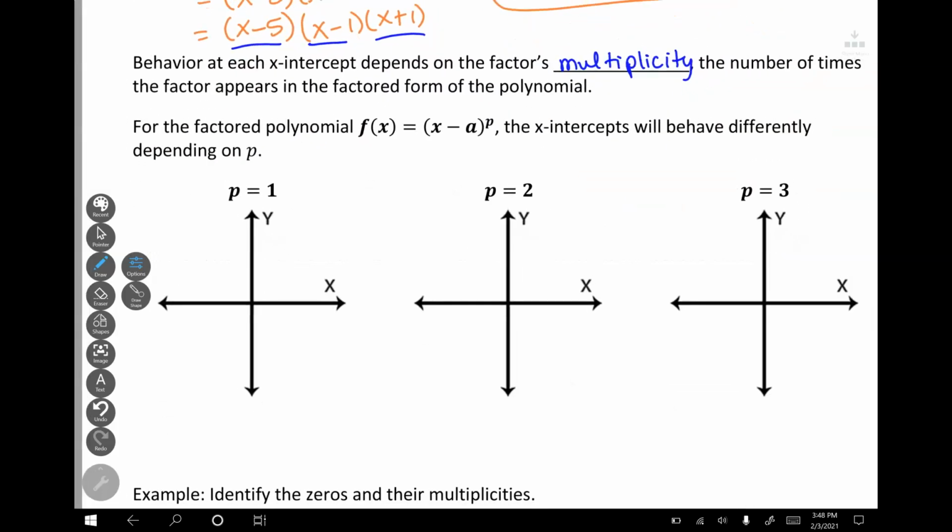So let's see how the line is going to behave at those x-intercepts depending on the multiplicity. So for the factored polynomial, f of x equals x minus a to the power of p, this factor has multiplicity p.